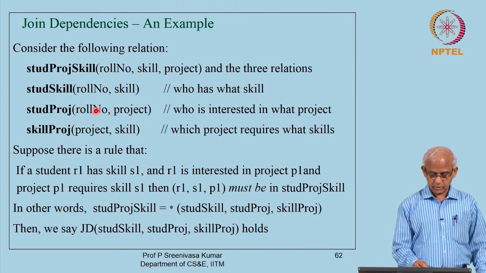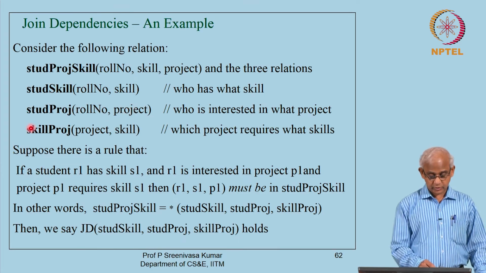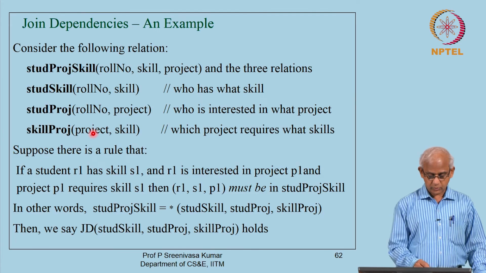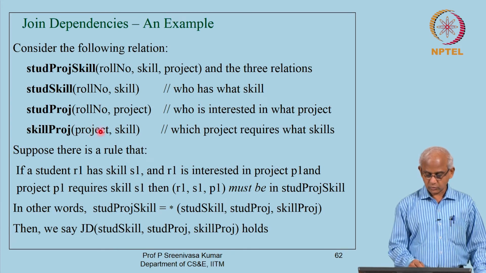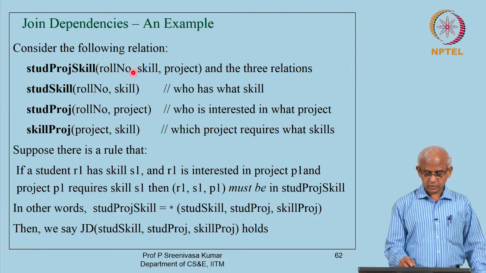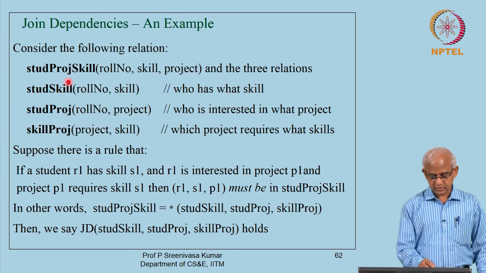So, roll number and some project ID kind of thing. And then finally, one more thing, we have skill project, which basically records what project requires what kind of a skill, right.